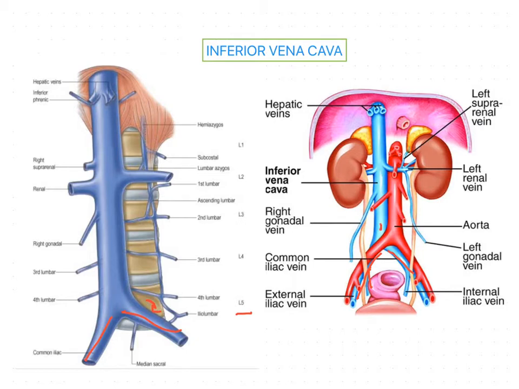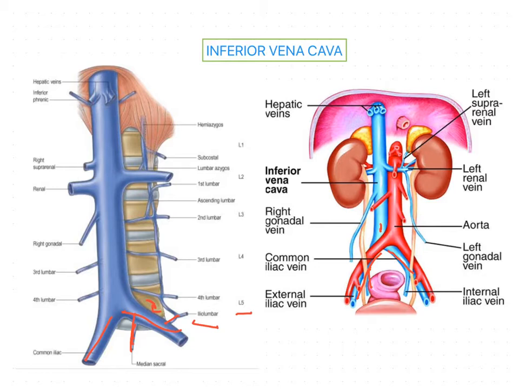Each vein receives an iliolumbar vein, and the median sacral vein also joins the common iliac vein. This is about the common iliac veins.